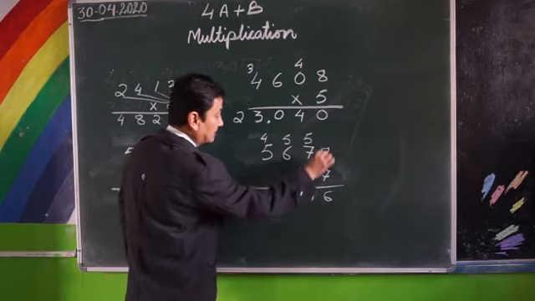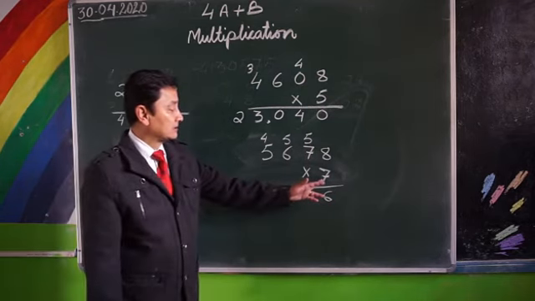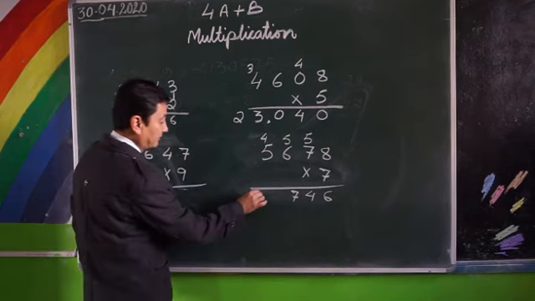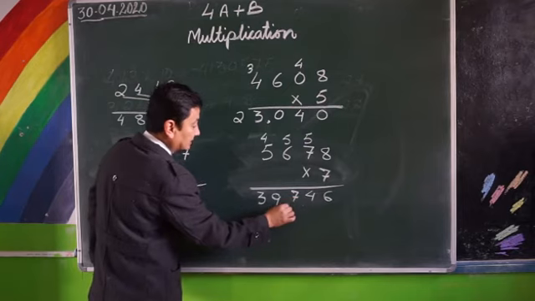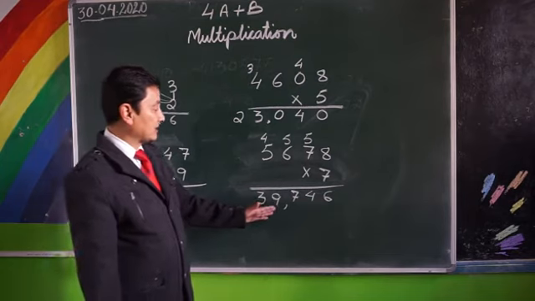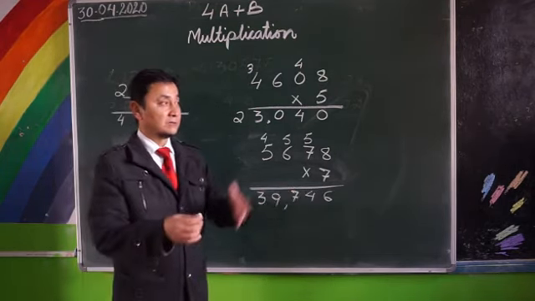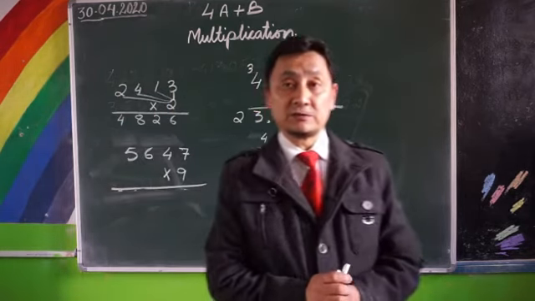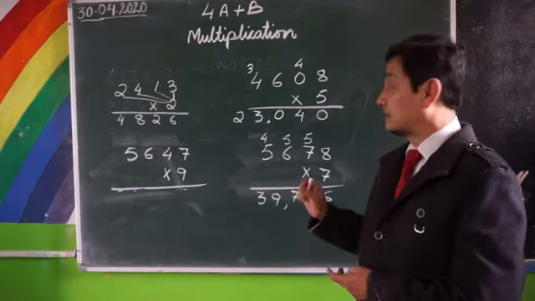Make sure that you write the numbers one below the other. So again, the last, 7 5s are 35 plus 4, 39. 1s, 10s, 100s, 1000s, 10,000s. So we got the answer 39,746. So children, when we multiply any number with 10, 100 and 1000, we just write the same number and add the zeros.